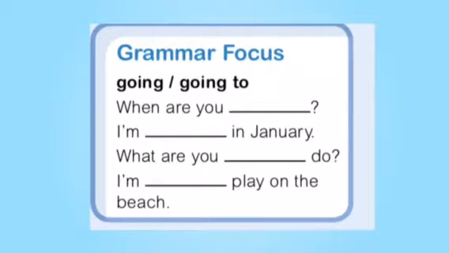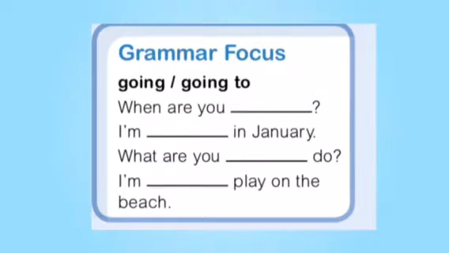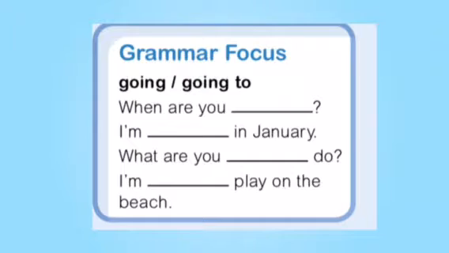When we have a verb, we have to use going to. The verb like I am going to play, I'm going to eat, I'm going to sleep, I'm going to read, I'm going to write, I'm going to think. All these verbs, we're going to use going to together.